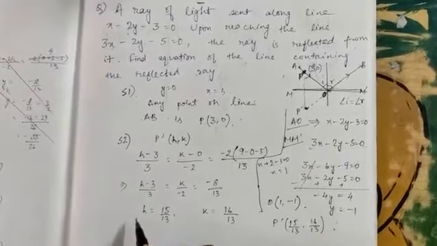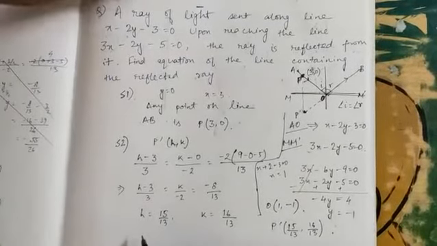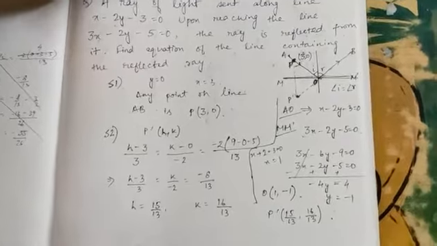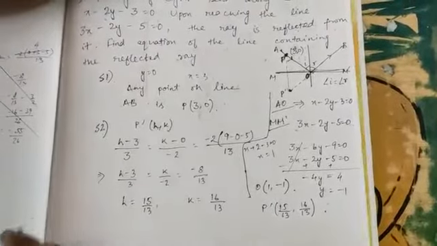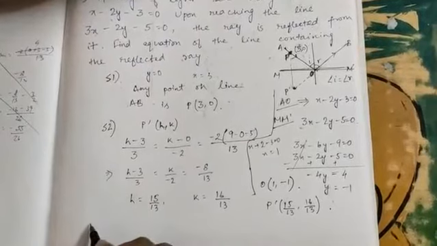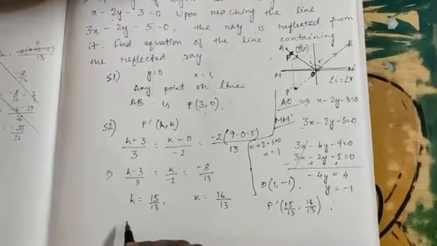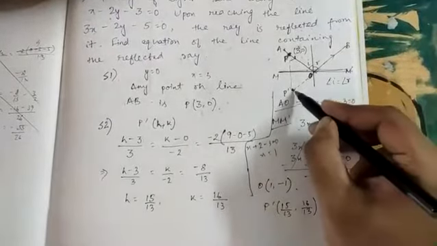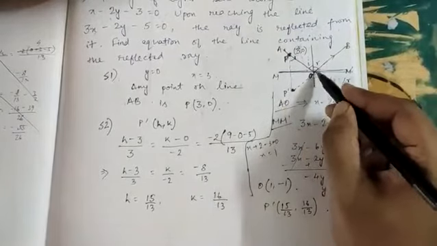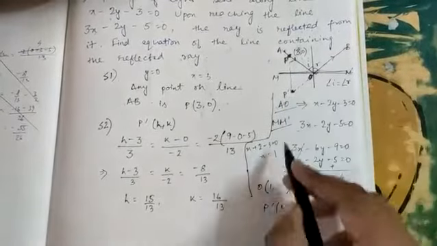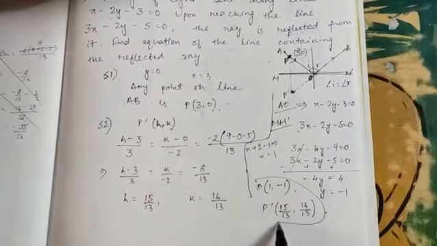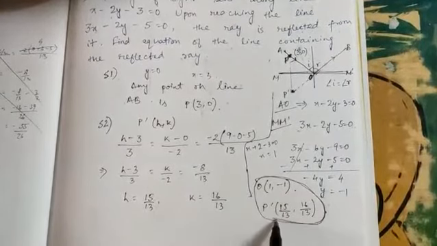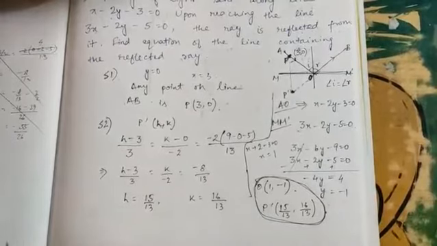Now what will be the equation of the line OB, that is my required reflected ray equation? It is the line passing through the 2 known points, one is P dashed and another is O. The equation passing through these 2 points will be my required reflected ray.